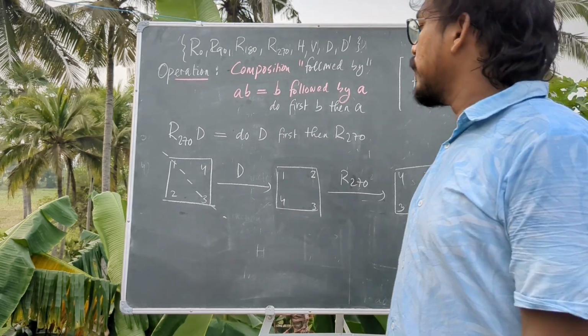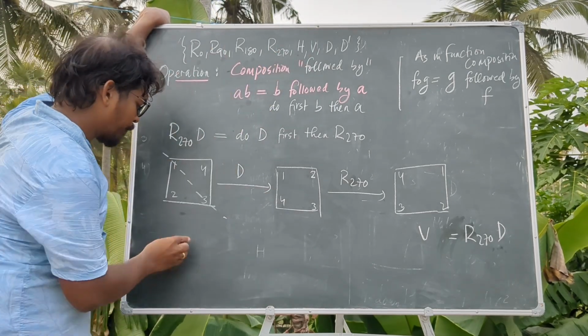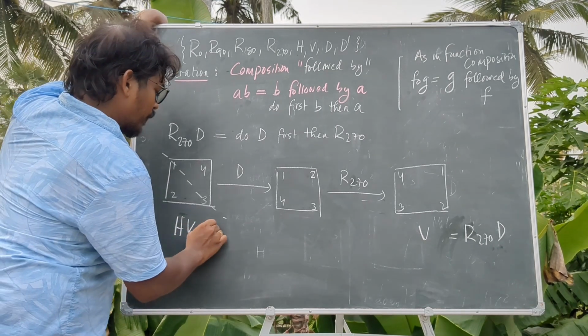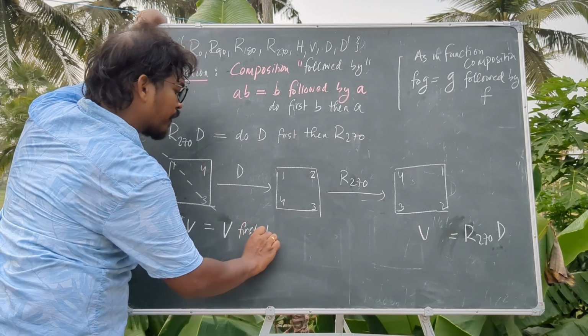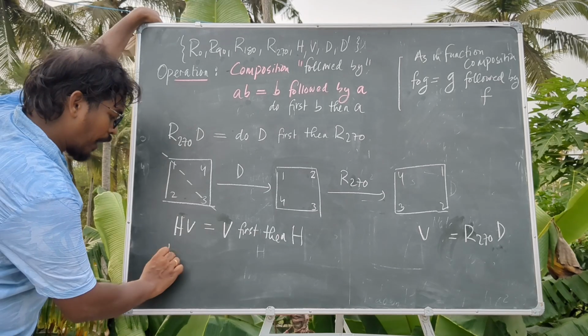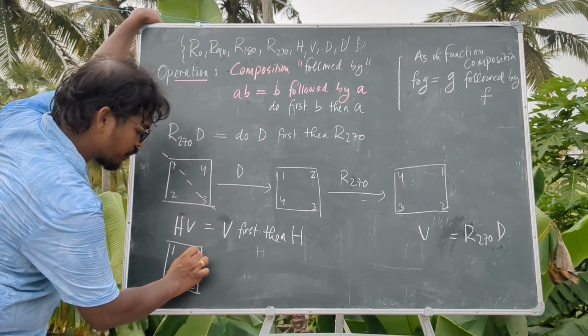Let us do another. Let us take H and B. Suppose we will do H and B. Here we will have to do B first, then the motion H. Our original square we have labeled 1 here, 2 here, 3 here, this is 4.